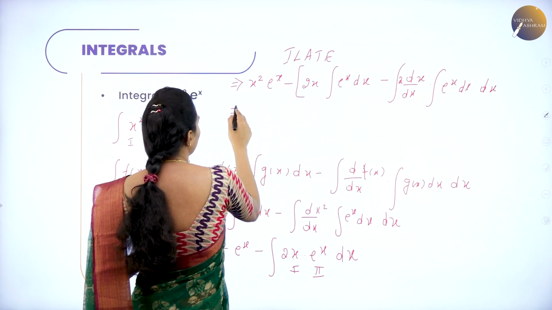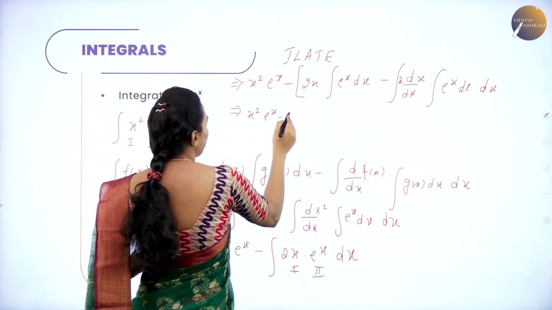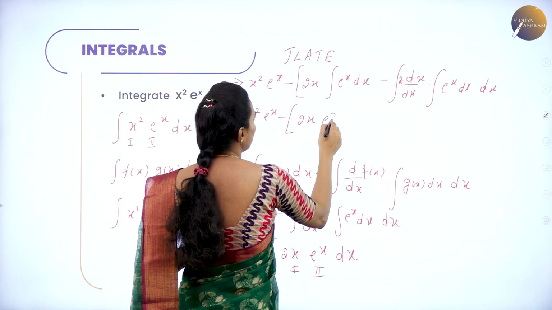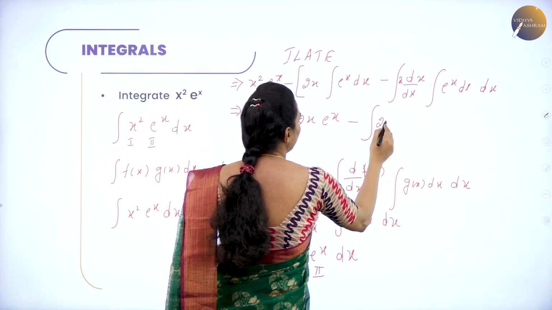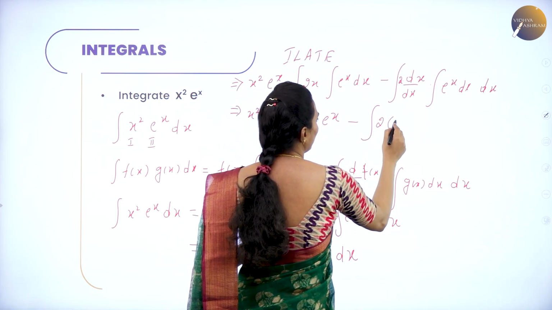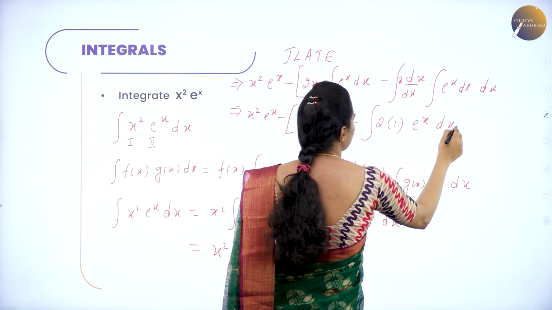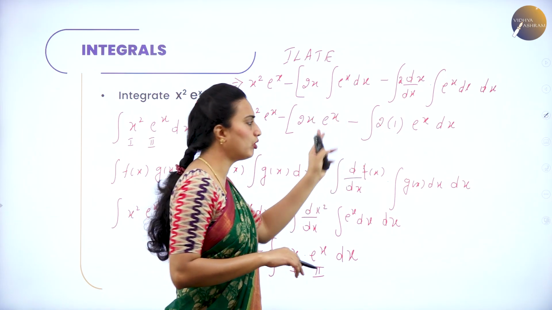Now what happens to this? It implies x squared into e power x minus 2x into integral of e power x, which is e power x only, minus integral of 2 into d by dx of x, which is nothing but 1, into integral of e power x, which is e power x, into dx, isn't it? And further simplification, 2 into 1 is 2. 2 can be removed outside.